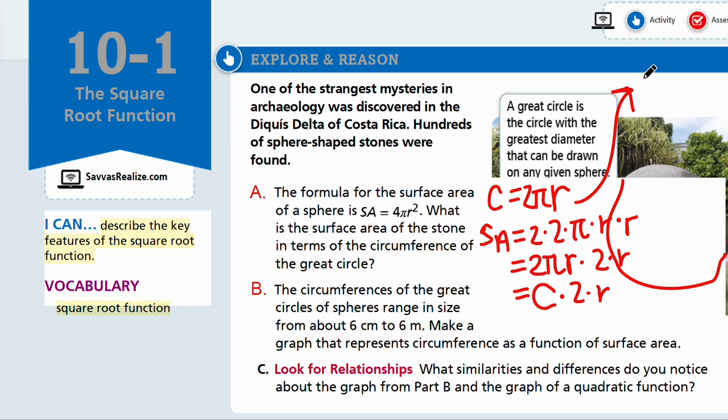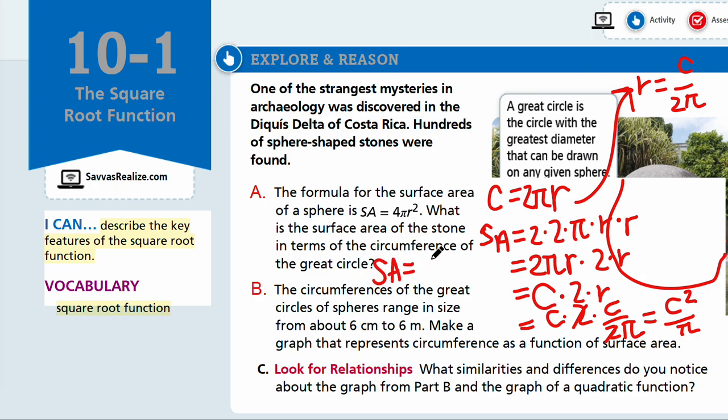I know it's a little bit tedious, but let's solve for r with this equation. So r in terms of c would be c divided by 2 pi, yeah. So then instead of r, you're going to use that: c times 2 times c over 2 pi. And then the 2's cancel out, so then we have c squared over pi. So then you can say surface area is equal to c squared over pi.